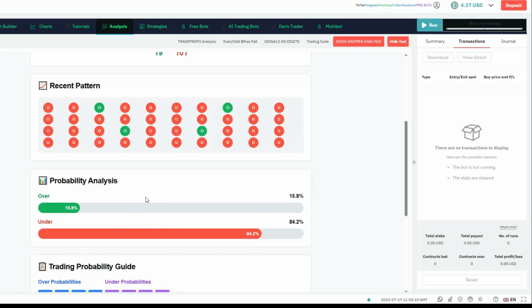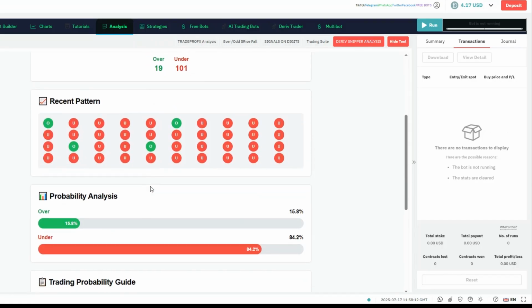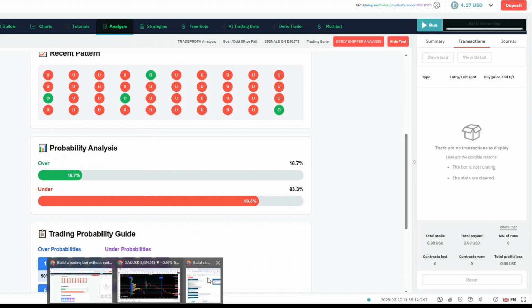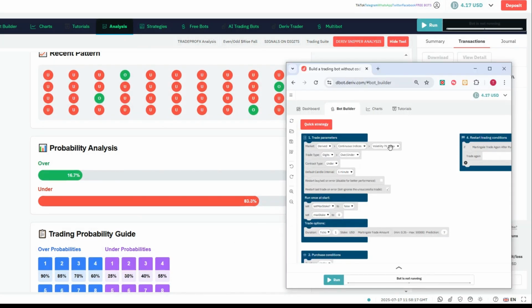So we can see this is volatility 25. Let's see whether we can get an entry using this. Let's change this. This is volatility 25. So we can change to over under, it's still the same. So let's see, in case it reaches 85, we can run our bot and wait to see the outcome.